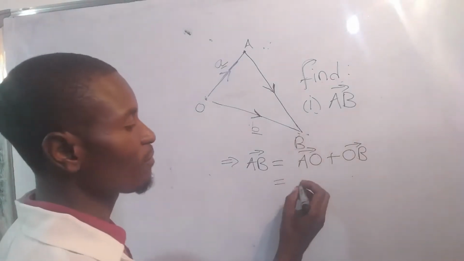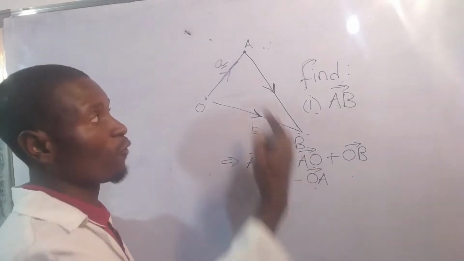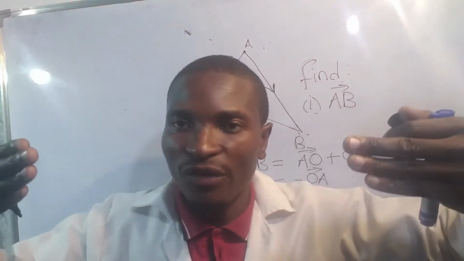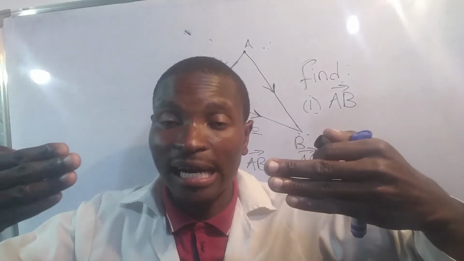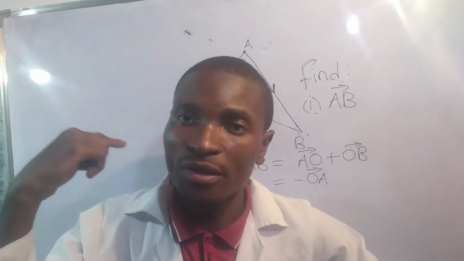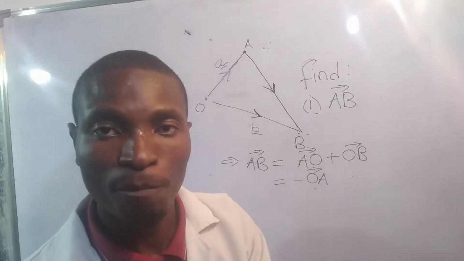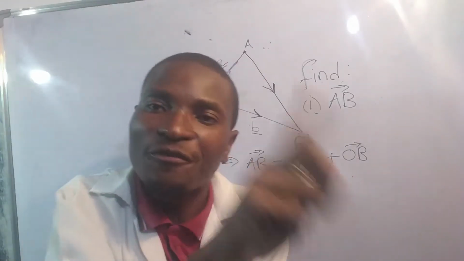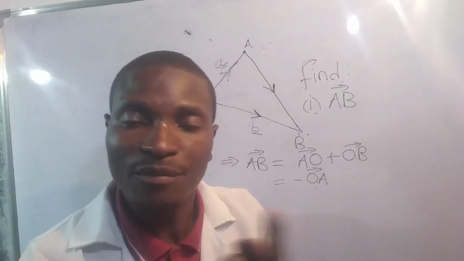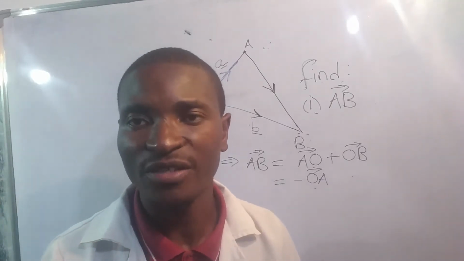So this is going to be negative of this. The reason for the negative is that we have two vectors coming and facing each other. But what we know is that we only have vector OA but not AO. So the AO should be reversed. Now the moment we reverse the AO, it becomes OA, and we have to give it a negative sign.